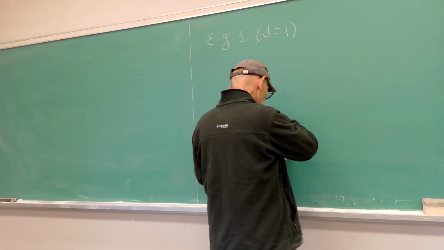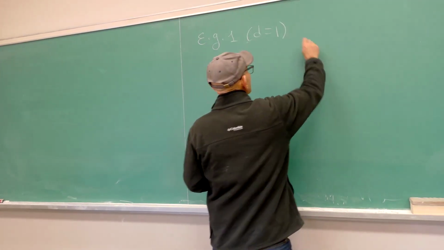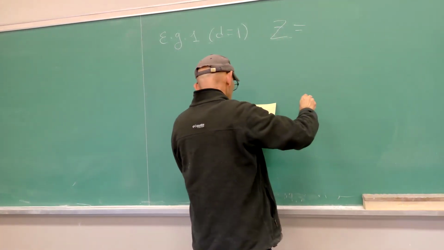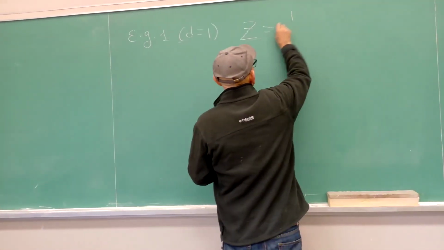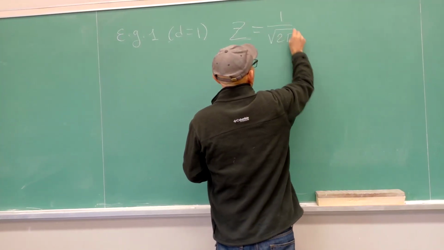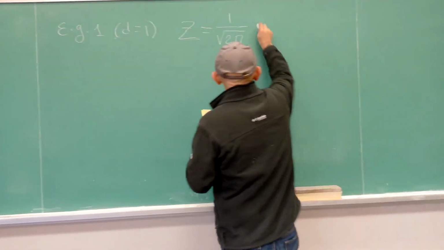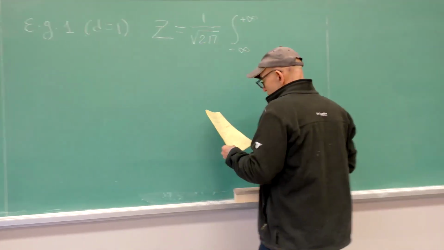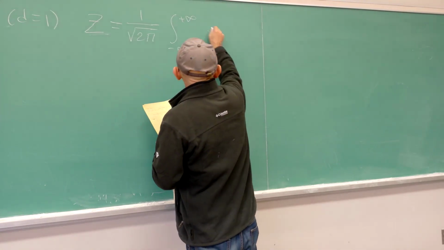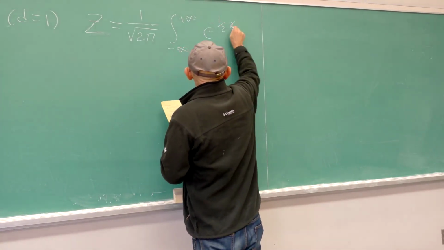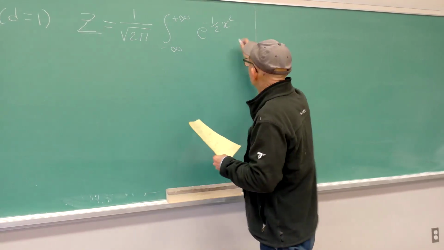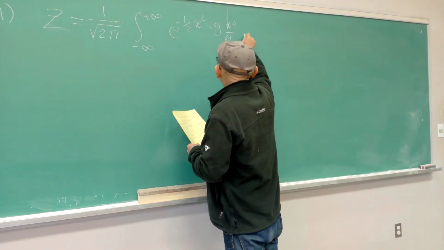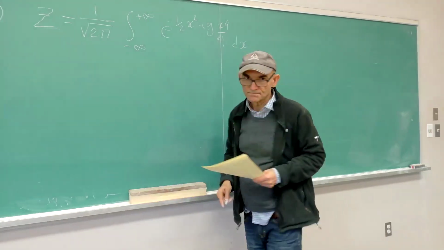Let's consider this quartic partition function: Z is equal to 1 over root 2 pi, the integral from minus infinity to plus infinity of the exponential of minus 1/2 x squared plus g x to the power 4 over 4 factorial, dx.